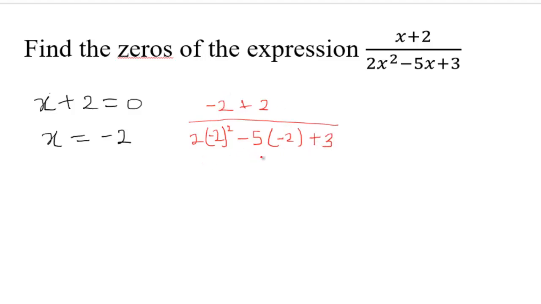Negative 2 plus 2 is 0. Negative 2 to the power 2 is 4, times 2 here is 8. And then negative 5 times negative 2 is positive 10. And then plus 3 here. So the numerator is still 0. 8 plus 10 plus 3 will give us 21. So this is equal to 0, because the numerator is 0. So 0 over 21 is 0.